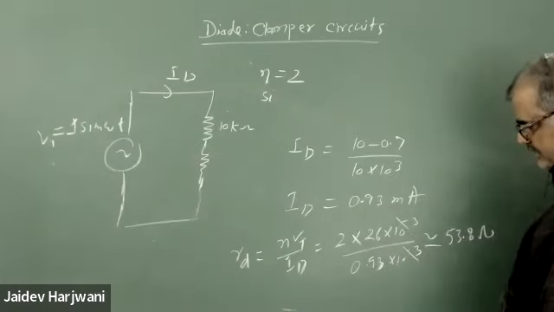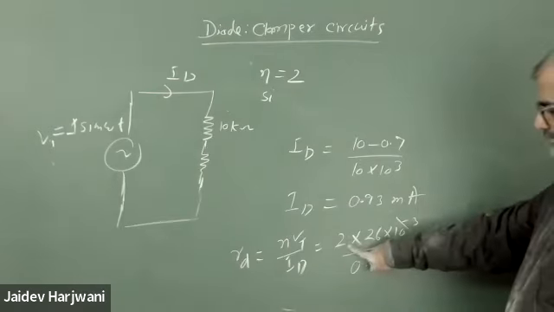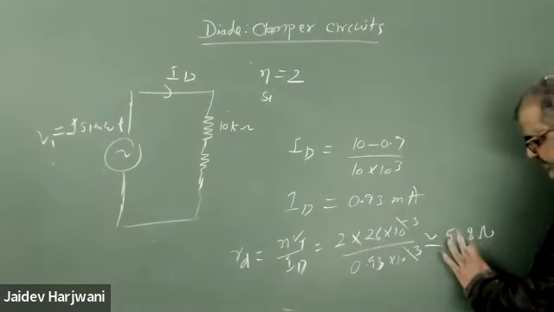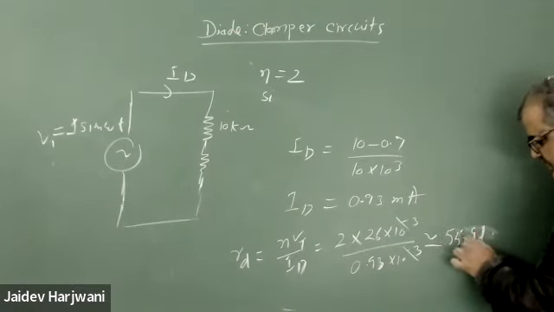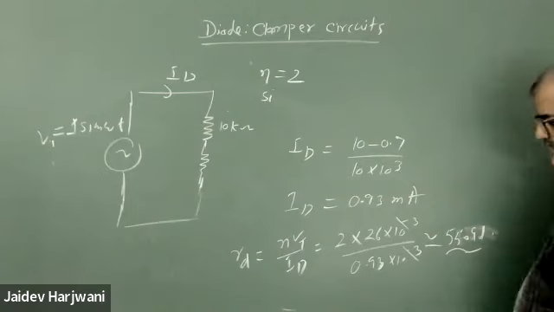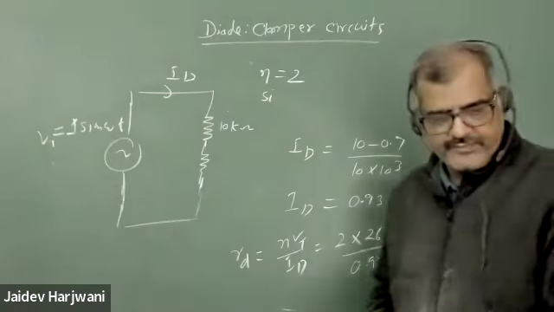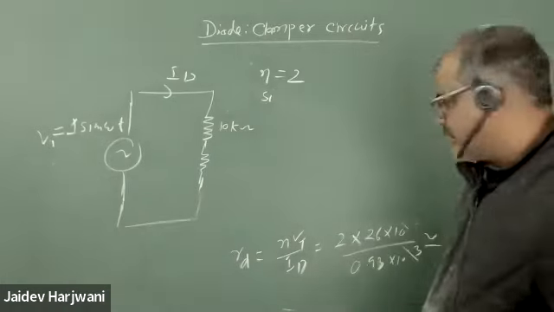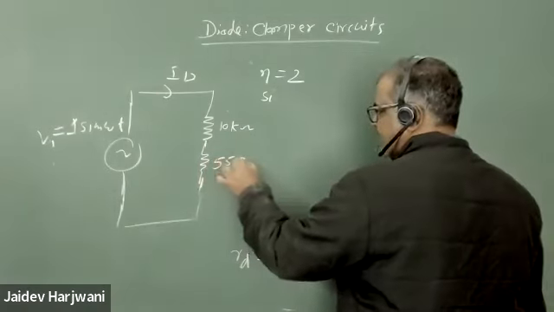Okay, 55.91. Whatever voltage you are getting, approximately, this is 52 divided by 0.93, so it should come greater than 52. So now you have this RD value, and you can replace the diode by 55.91 ohm.